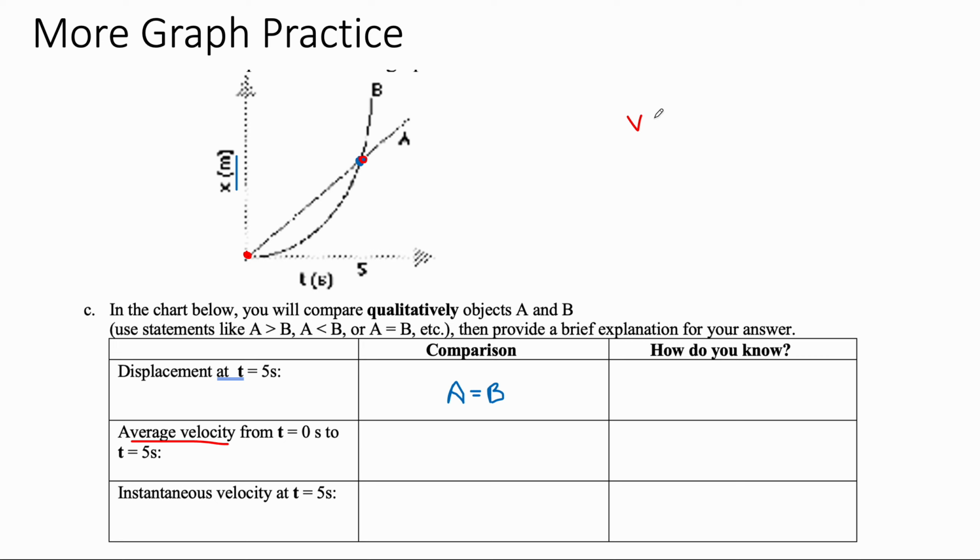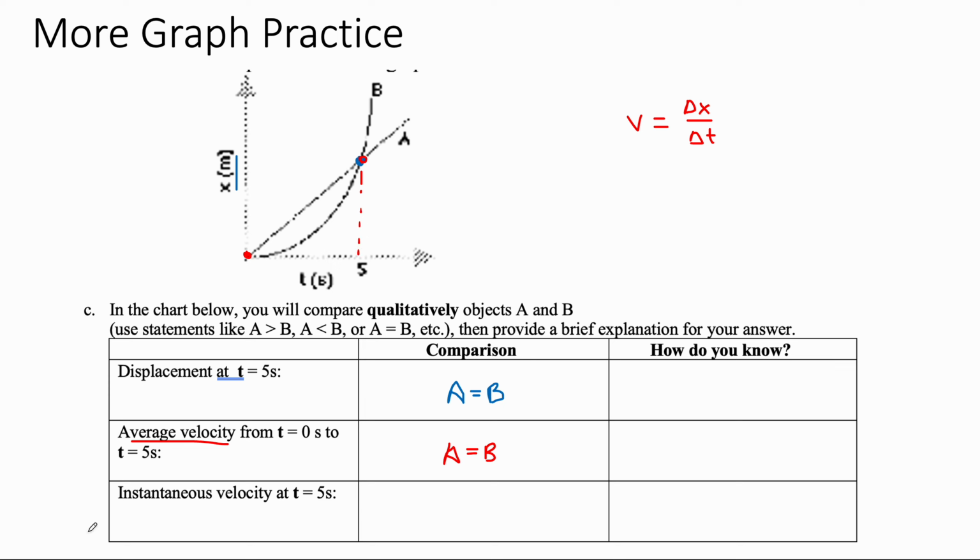Velocity is defined as how far you travel divided by the time it takes. By the time they get to 5 seconds, they've both traveled identical distances in the same amount of time. So their average velocities are exactly the same. The total displacement, 5 seconds, is the same, and the time it took them to get there is the same.